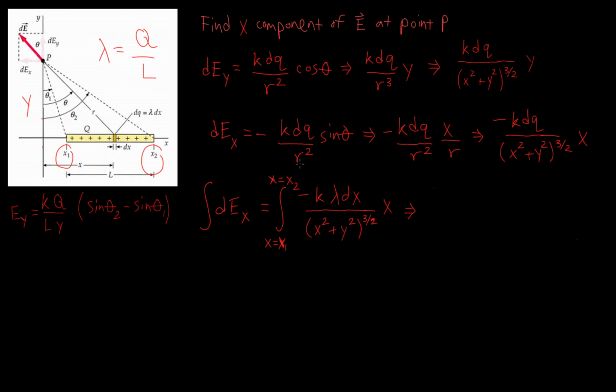And so recall that when we're taking the integral, we can actually take out constants from the integral. And so the constants in this case are just k, Coulomb's constant, and the negative sign, which stands for -1. And the linear charge density is also a constant.